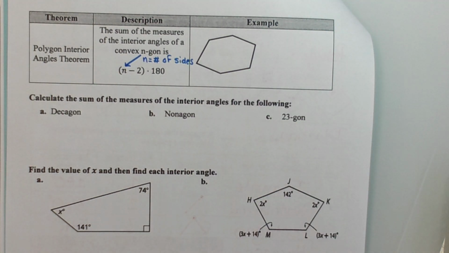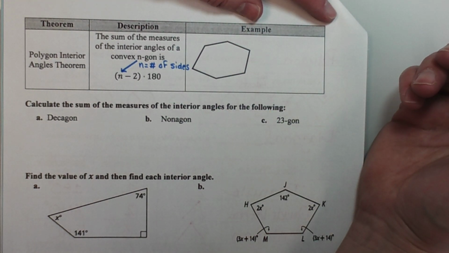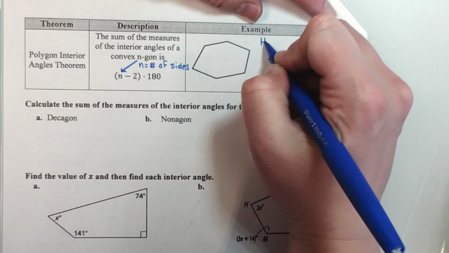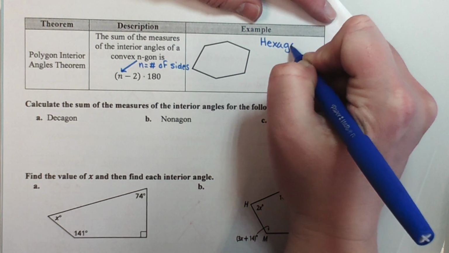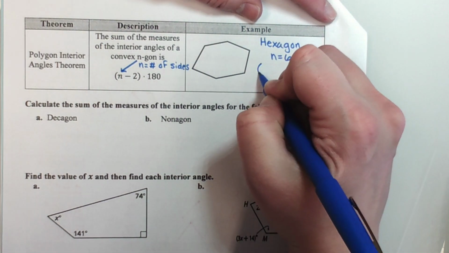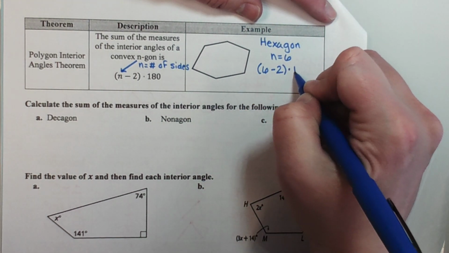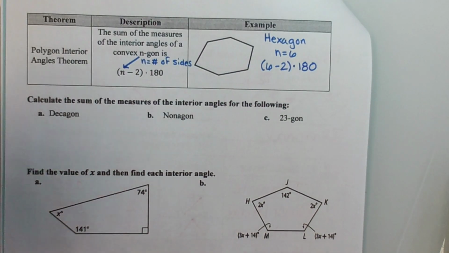For example, this one right here, how many sides does it have? 6. It's a hexagon. So n equals 6, and you plug 6 into your formula. 6 minus 2 times 180.